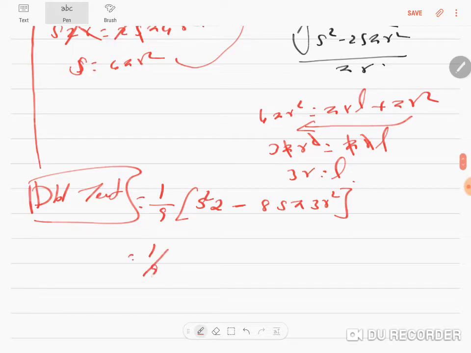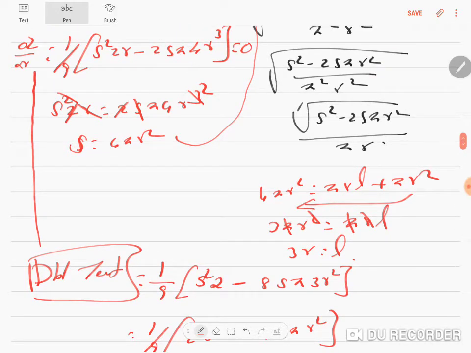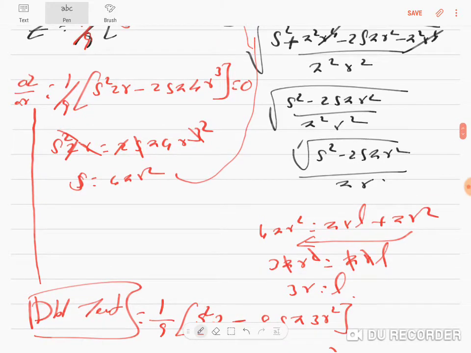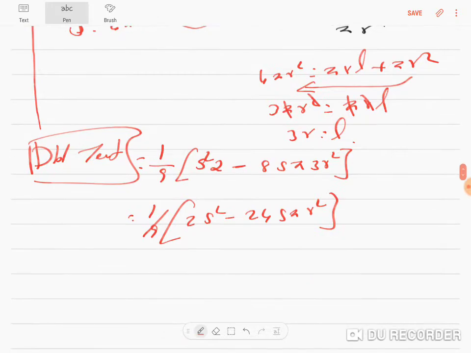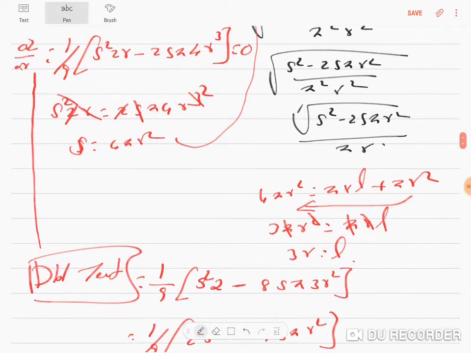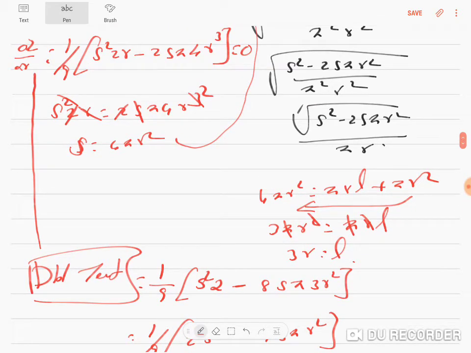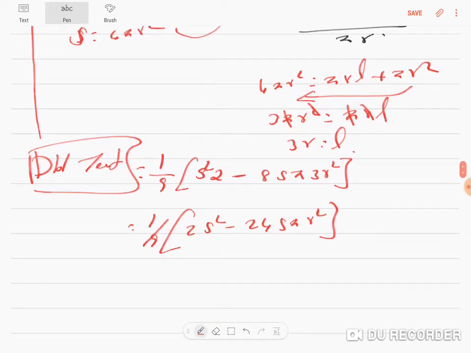So 1 by 9 (2S square minus 24S pi r square). Differentiating once again, 2S square, because S square is a constant, 2 into S square, r differentiation 1, minus 8S pi into 3r square.